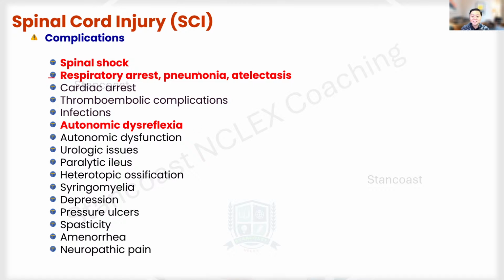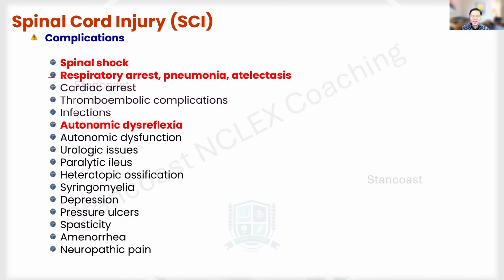Respiratory arrest, pneumonia, atelectasis. This is going to happen because of, again, the possibility of impairment or injury above the C4 level. And again, the function of the diaphragm here, which is the respiratory muscle, is innervated by the phrenic nerve, which controls the movement.